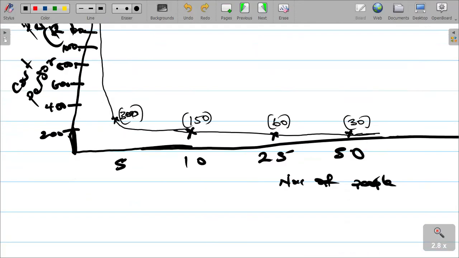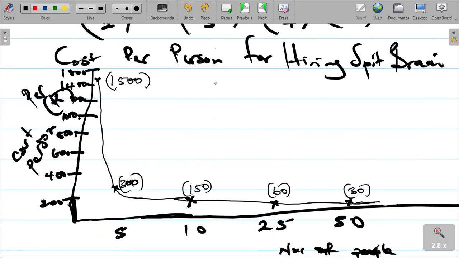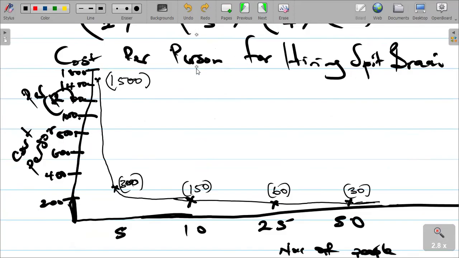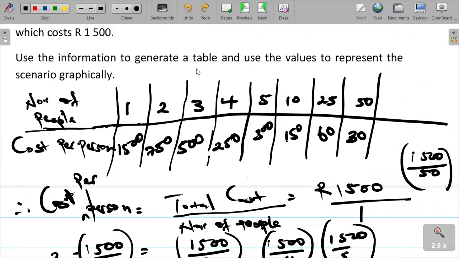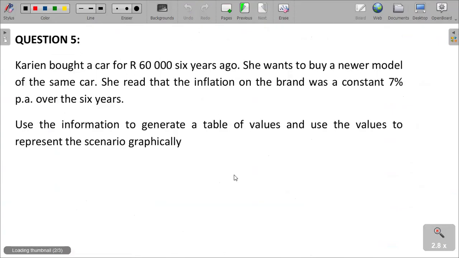I want you to have one question for practice, one question that you can work out on your own, that I'm going to leave you to work out and be able to understand what is happening there. Question number 5, please look at it.